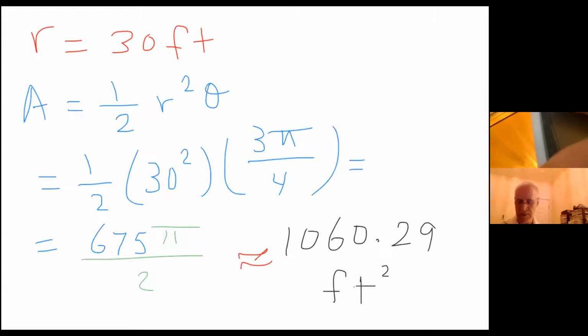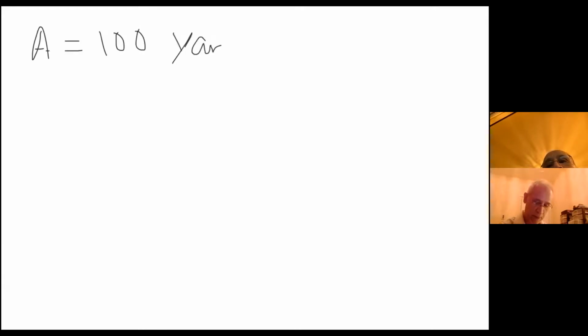Okay, let's do another problem. This time, we have an engineer that is asked to design a water sprinkler that will cover a field of 100 square yards. So the area of interest to be watered is 100 yards squared.